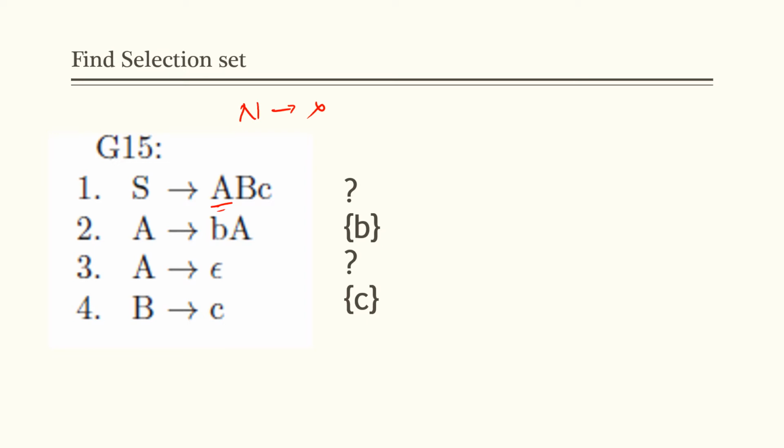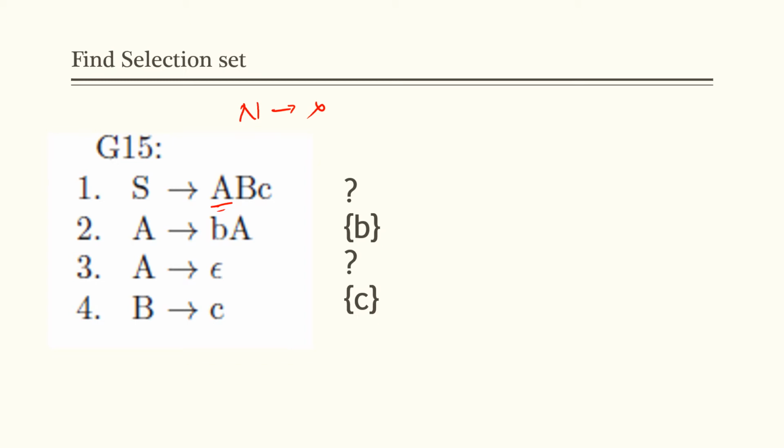If you remember, in the simple grammar and quasi-simple grammar, we were finding a selection set. The selection set is actually the first terminal, the first symbol on the right-hand side of the rule.